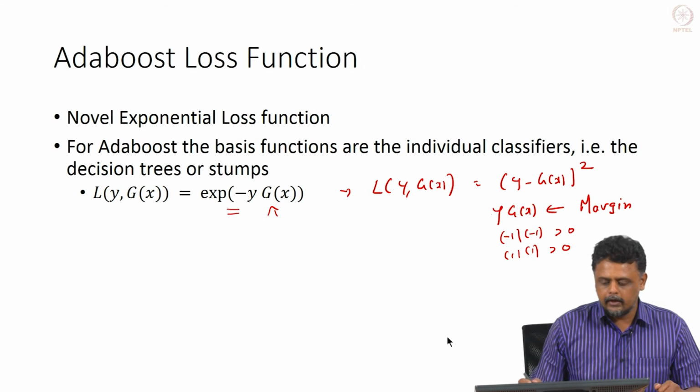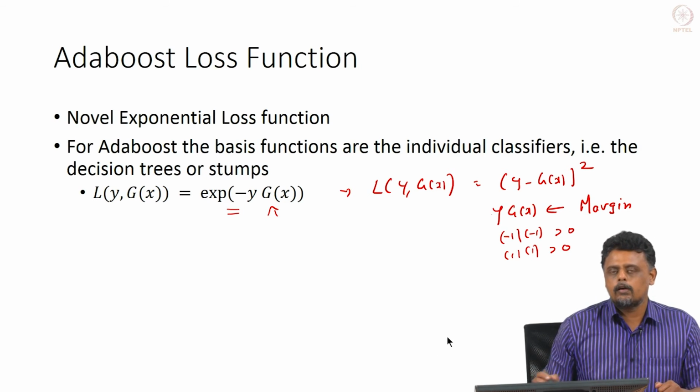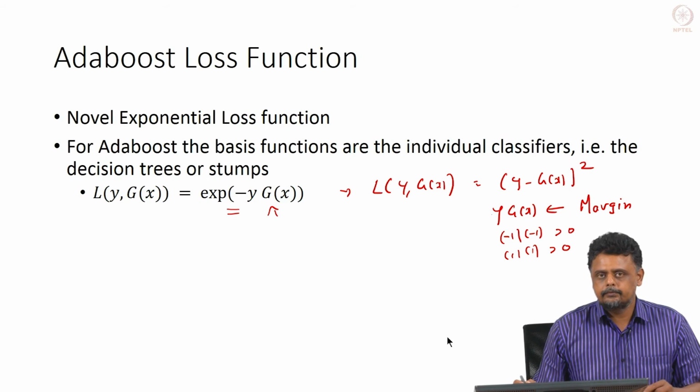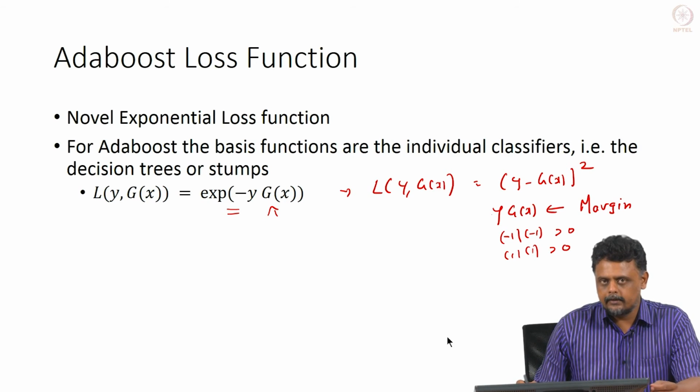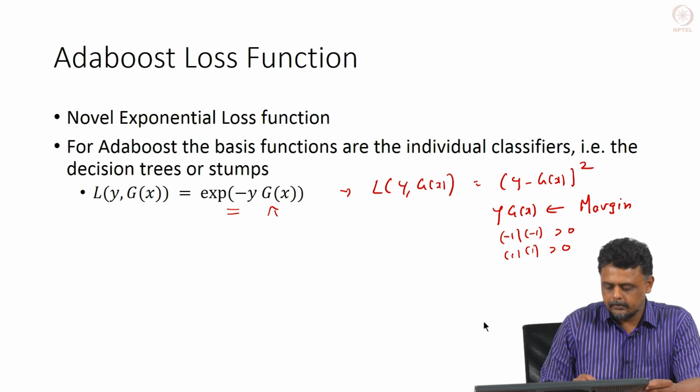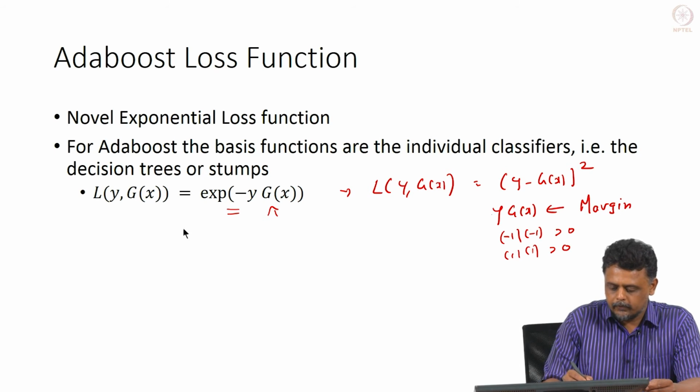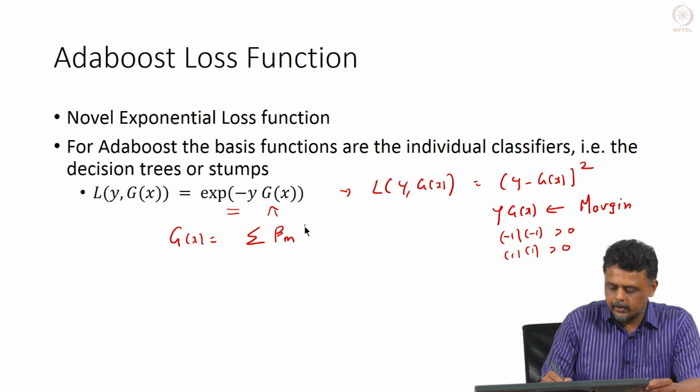So, when you introduce this exponential function as the loss function in order to solve your additive model, again to recall, AdaBoost comes under this additive modeling. So, we wanted to get to a classifier which is the sum of individual classifiers.